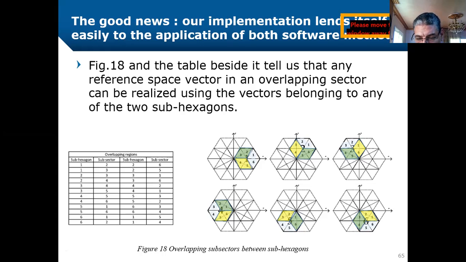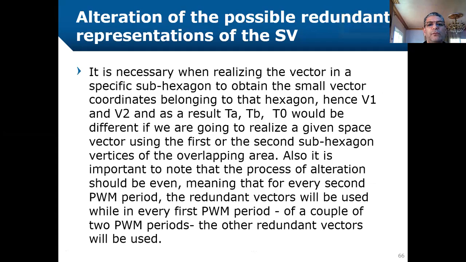And the first solution depends on toggling between the native representation and the alternative representation, the native vector and the alternative vector choices. So when realizing the vector in a specific sub-hexagon, it is necessary to obtain the small vector coordinates belonging to that hexagon, meaning V1 and V2, and as a result TA, TB, T0 would be different if we realize a given space vector using the first or the second sub-hexagon.